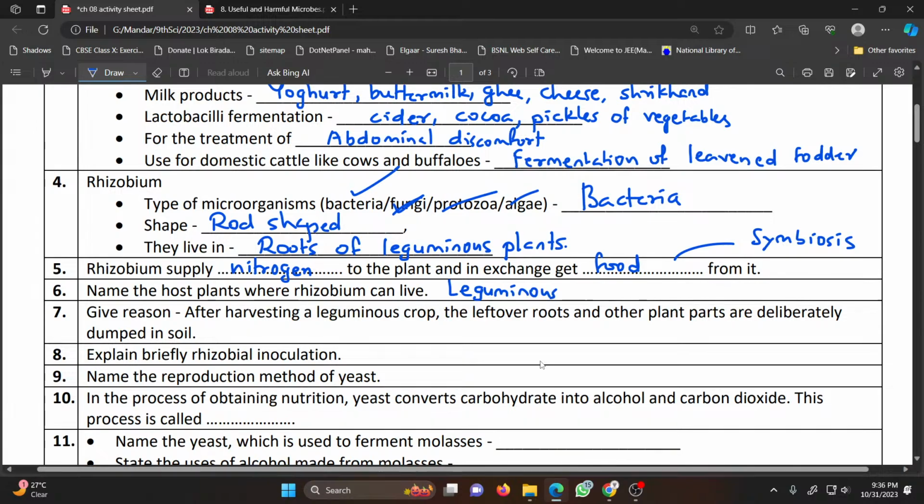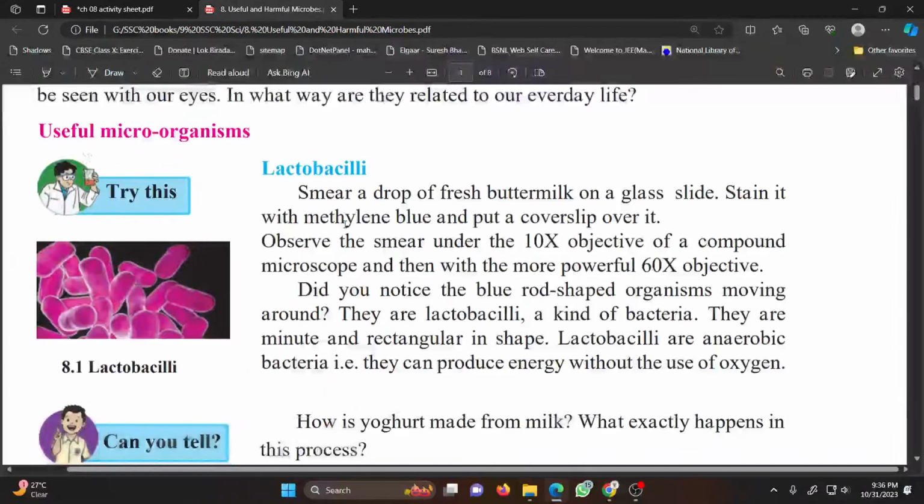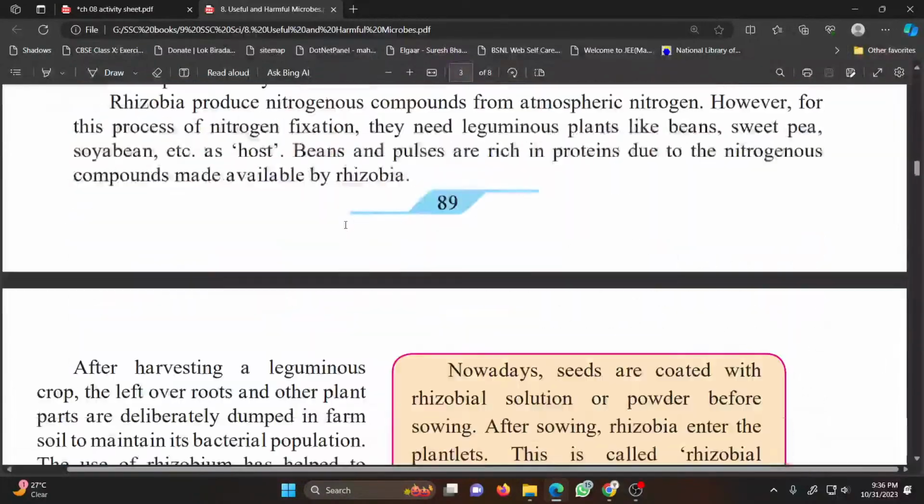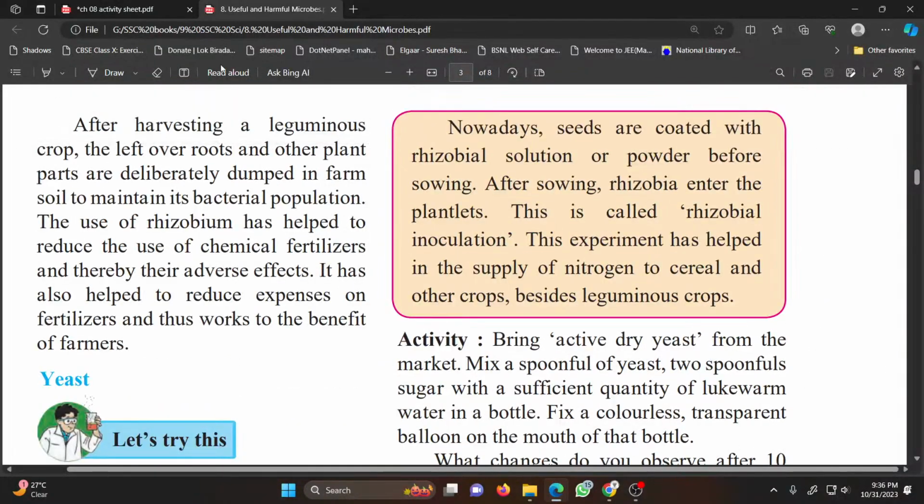After harvesting a leguminous crop, leftover roots and other plant parts are deliberately dumped in farm soil to maintain its bacterial population.